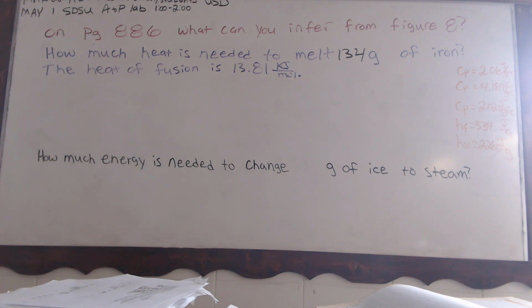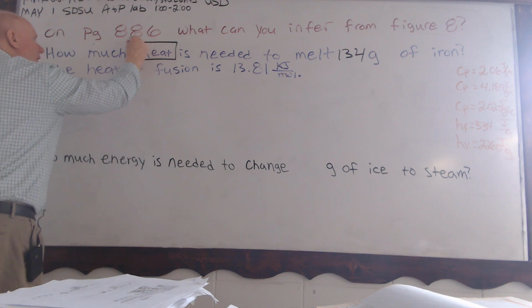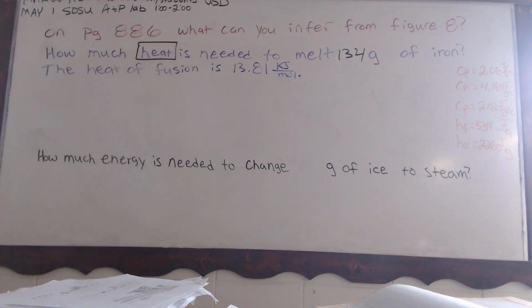But with that, okay, what happens here is you're going to want to ask yourself, what is the question asking? So if it's saying how much heat, which is a type of energy, it means it's going to be labeled in what?